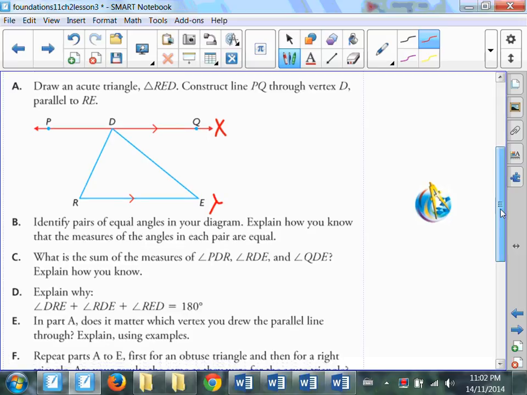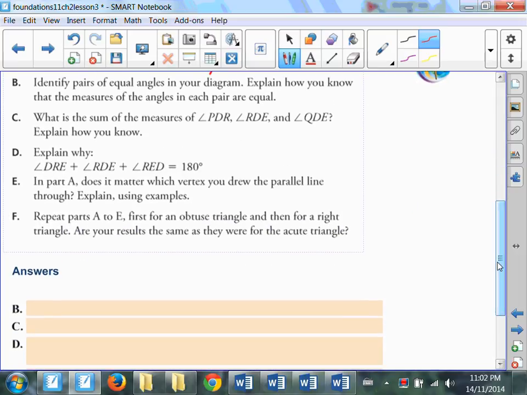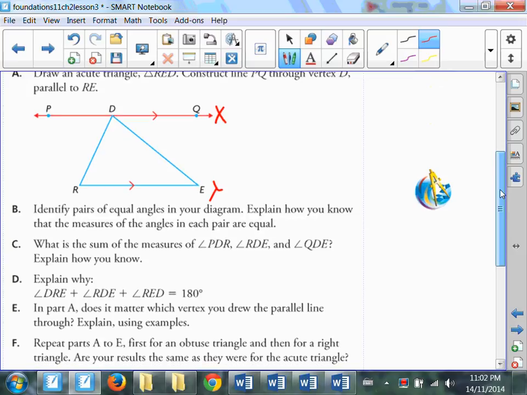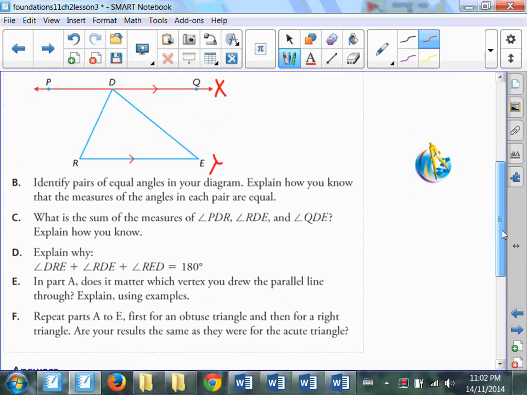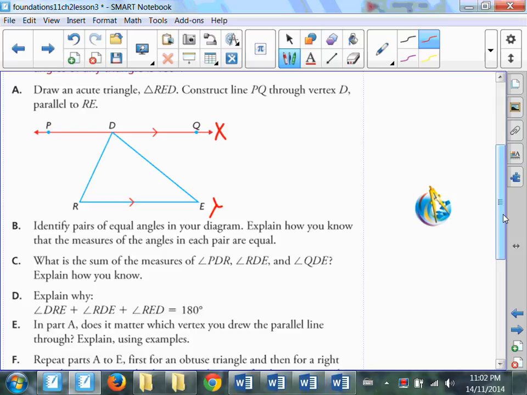Now, identify equal pairs of angles in your diagram. Explain how you know that the angles in each pair are equal. And then, what's the sum of angle PDR, RDE, and QDE? Explain how you know.